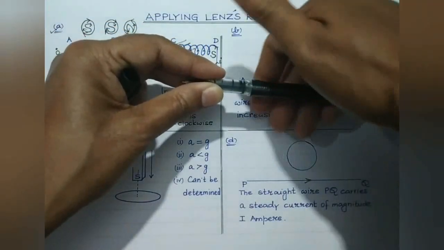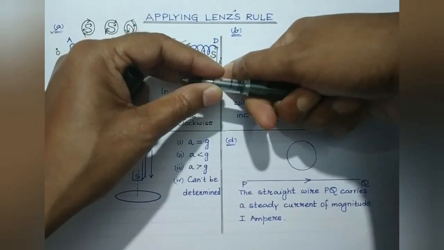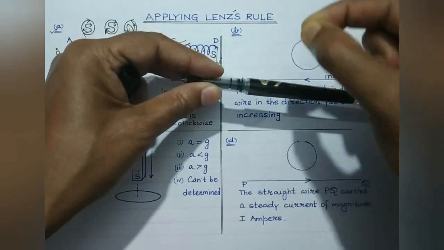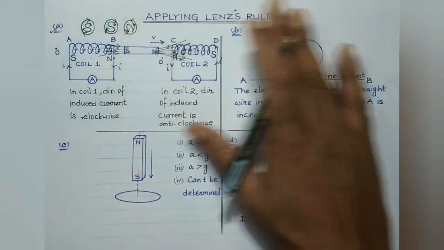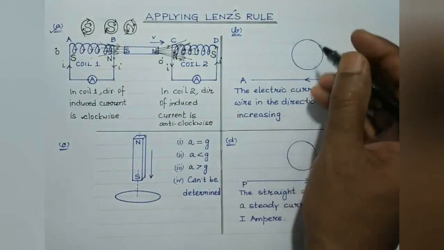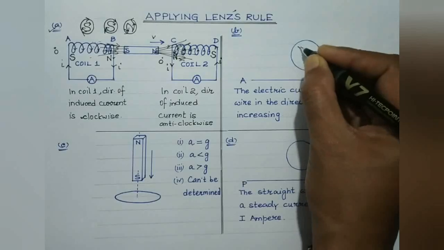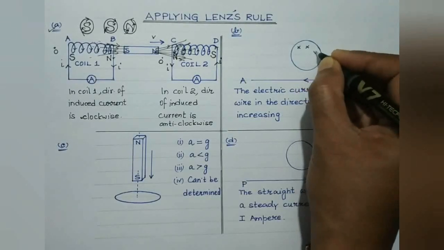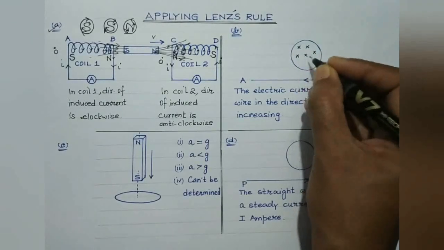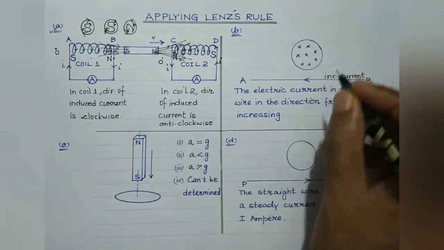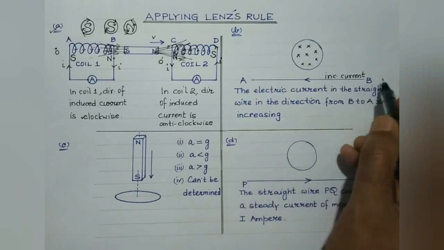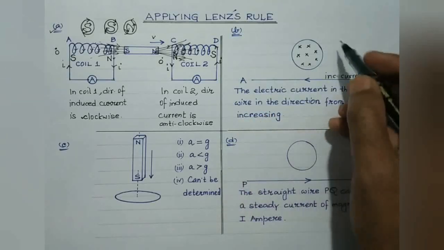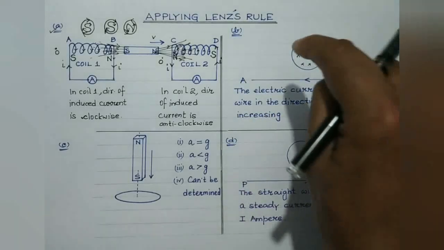The direction in which the fingers curl gives the direction of the magnetic field. So in this coil, the magnetic field is perpendicular to the plane and directed inwards. It will be represented by a cross. So the magnetic field due to this straight conductor in this loop will be directed inwards.